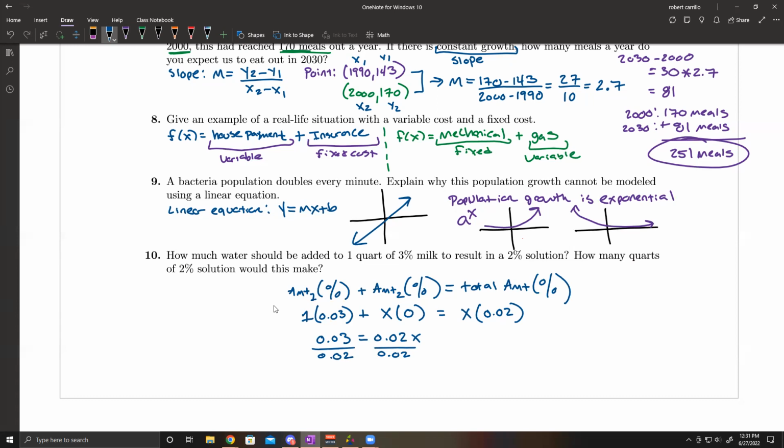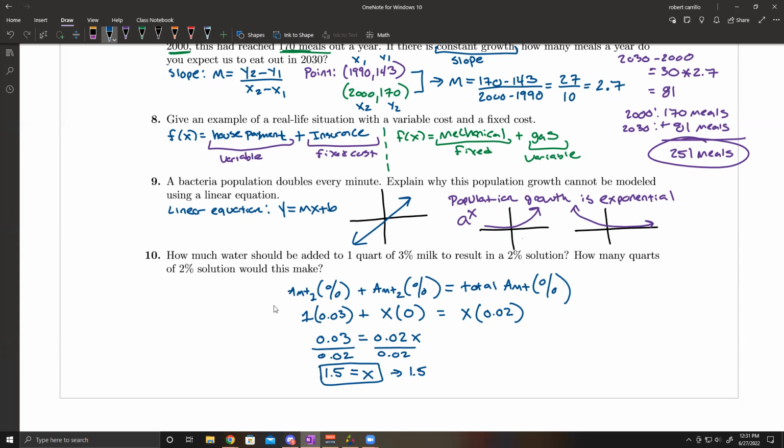And 0.03 over 0.02 means we get 1.5 equal to X. So in order to create a 2% solution, we need to add 1.5 quarts of water.